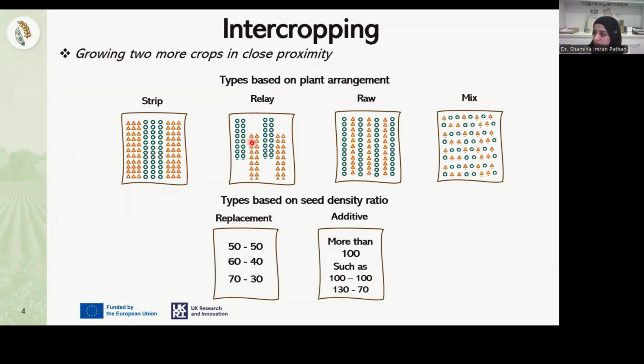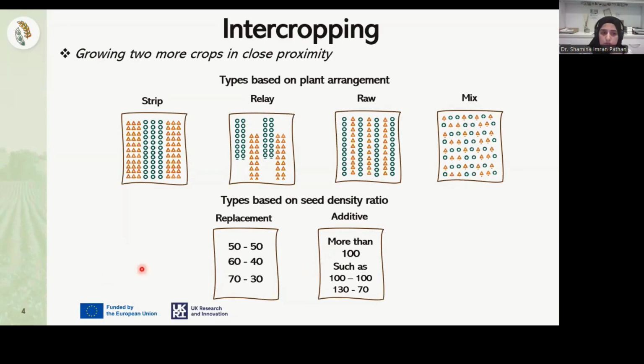Then relay intercropping is where you have, it can either be a single row or multiple rows as a strip, but we are growing the plants at different times. So they are growing together for not the whole plant cycle, but part of their growth period. Then there is a kind of random one, it's a mix. So you are just mixing the seeds and growing them.